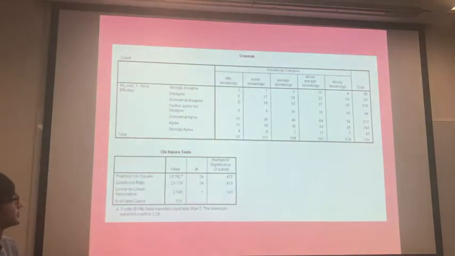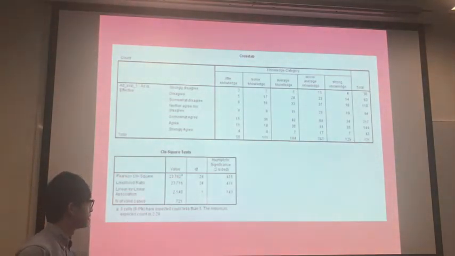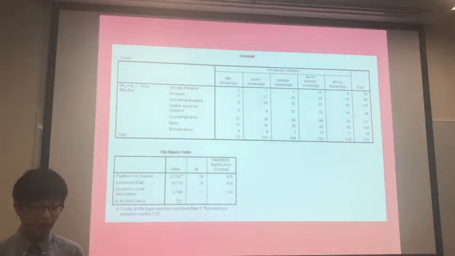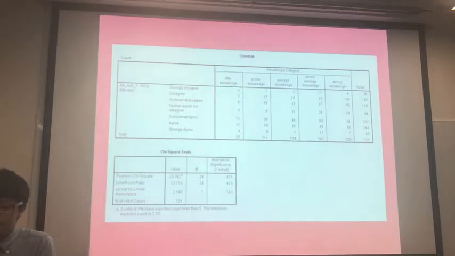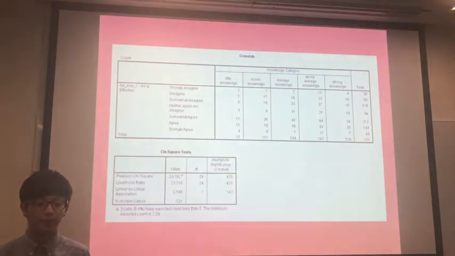And in this slide, we can see the chi-square test for the effectiveness and also the knowledge level. The asymptotic significance is 0.475, which is also bigger than 0.05, which means there's also no relationship between them.